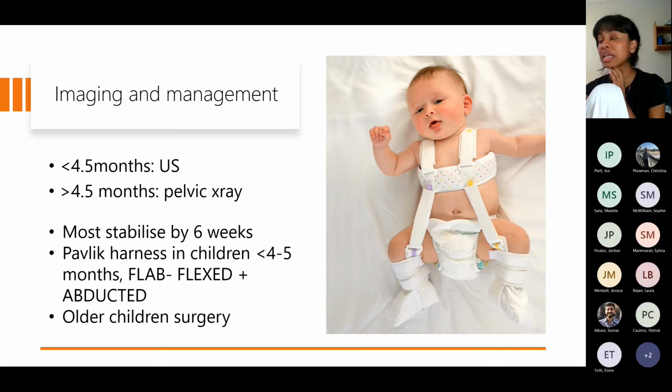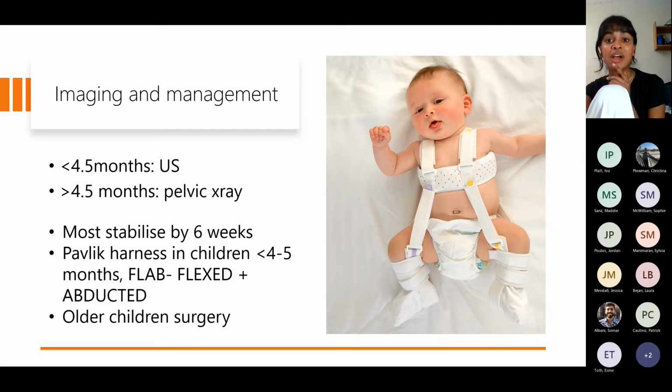Does anyone know what we do at 6 weeks for all children? It's connected to the NIPE. We do the newborn baby check, the NIPE, and then we do the 6-week check.